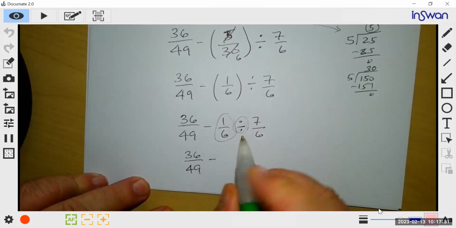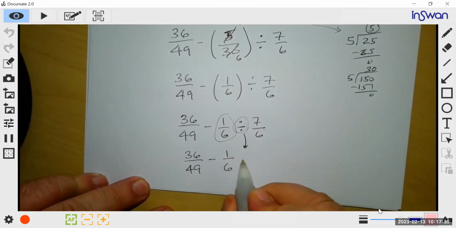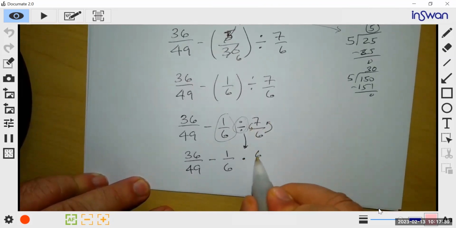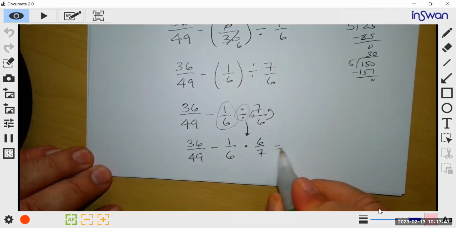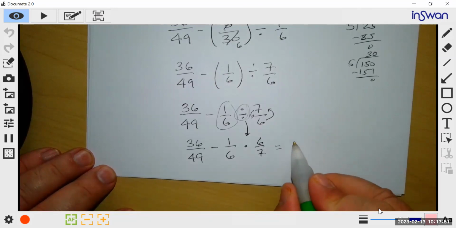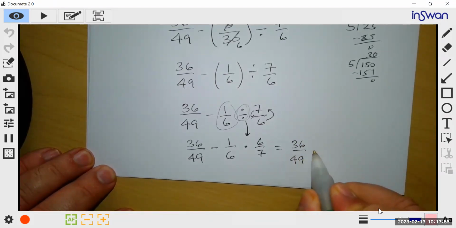So I'll leave the first one alone, change that to multiplication, and flip the second one. So we have 36/49. Do the multiplication.